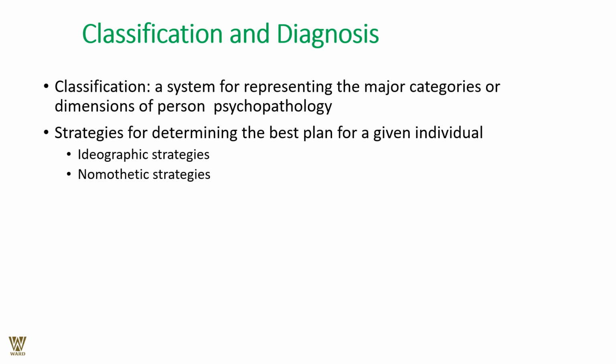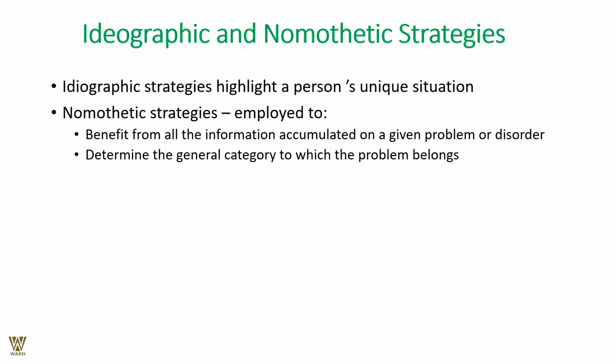Now, once this has been done, we need strategies to determine the best plan for the individual. Is it idiographic strategies or nomothetic strategies, as the case might be? Idiographic strategies are person specific, related to the person and the situation, whereas nomothetic strategies employ the information accumulated on the problem or disorder.